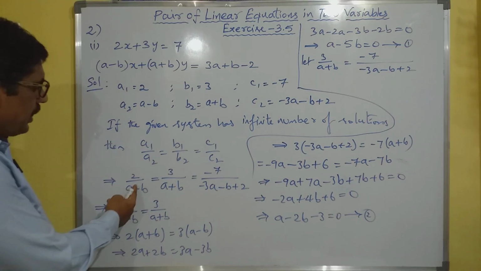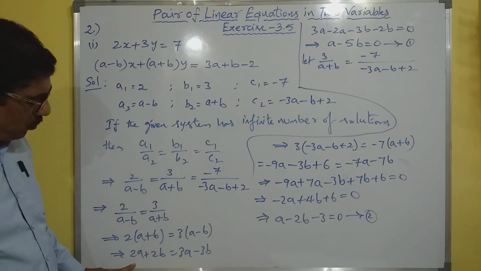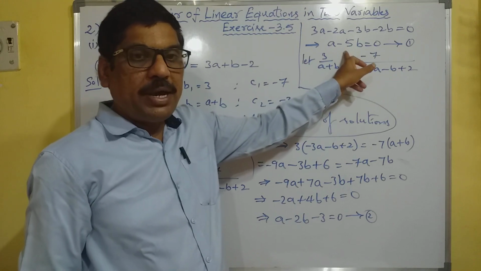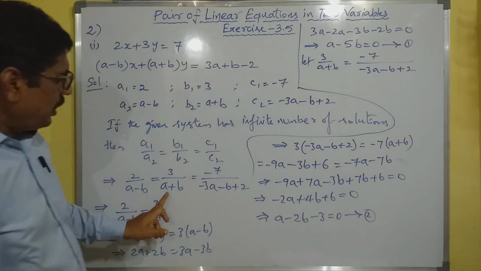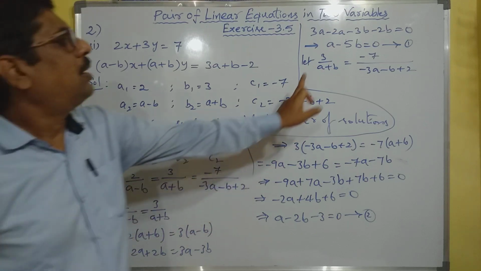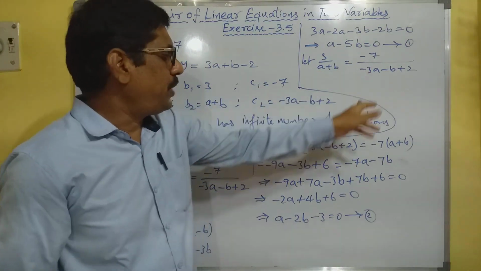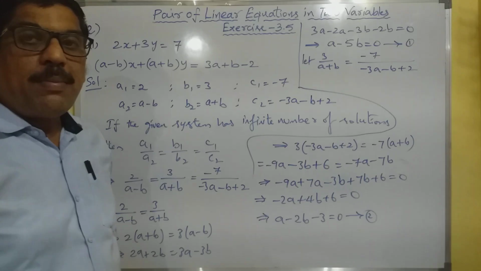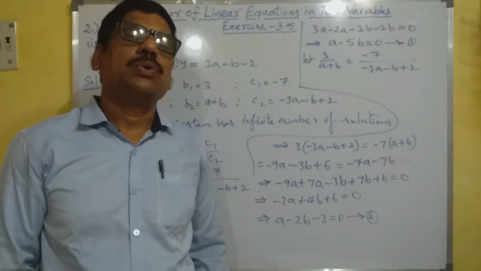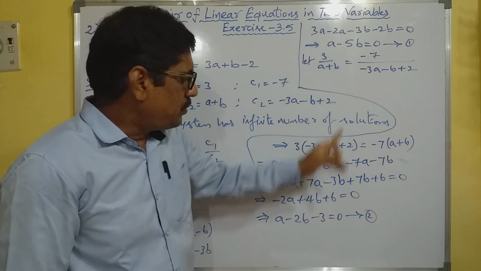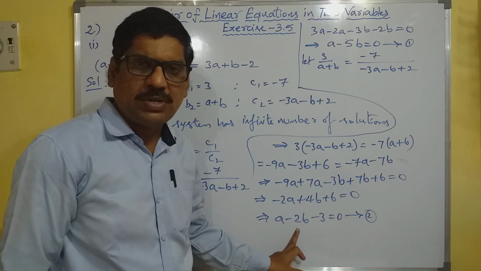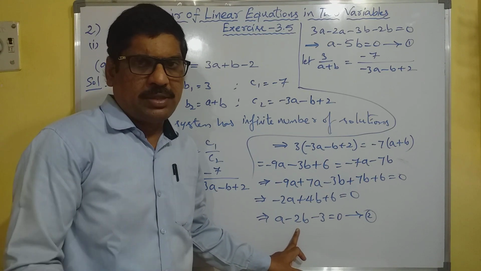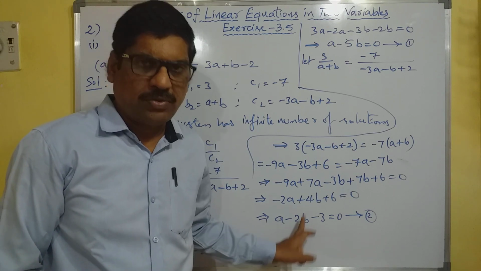By taking the first two, we get the first equation, A minus 5B is equal to 0. By taking the second and third and multiplying crosswise, we get the other equation, A minus 2B minus 3 is equal to 0. Here we have two equations in terms of A and B. By solving these two equations by any of the methods, we get the values of A and B. Let us continue.